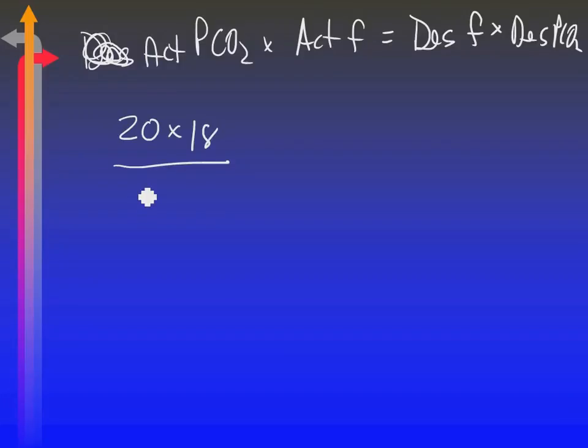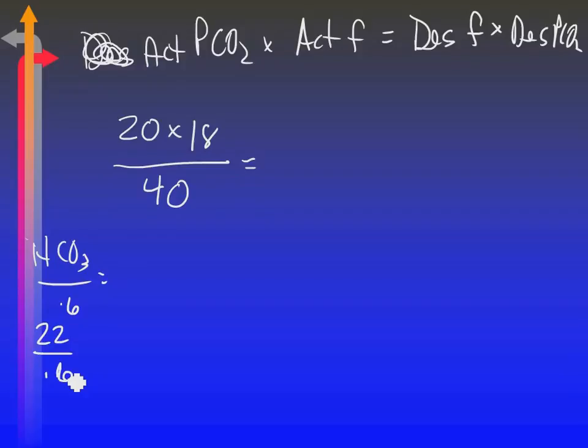Desired PaCO2, I'm going to go to 40. Technically, what should I do to determine desired PaCO2? Thank you. So it should be 22 divided by 0.6. Let's see what that comes up to be. 37. So let's make this 37, just for giggles. That'll put us back to a 7.4 pH.